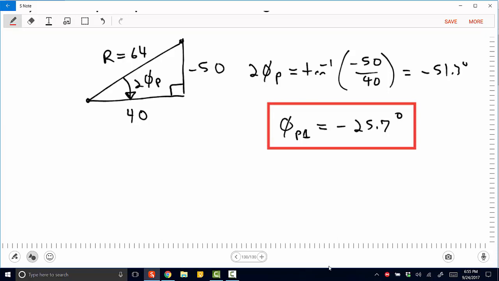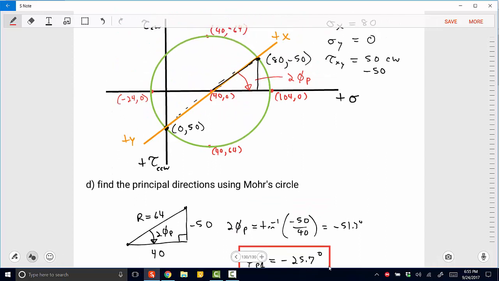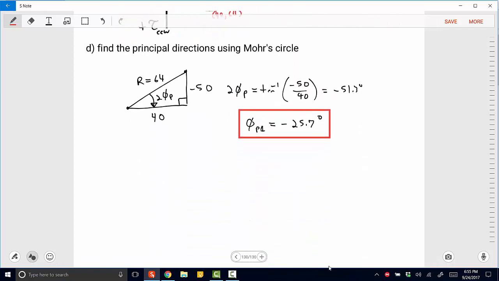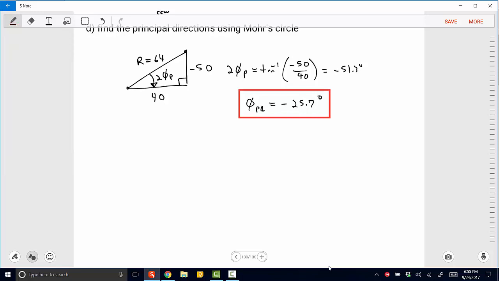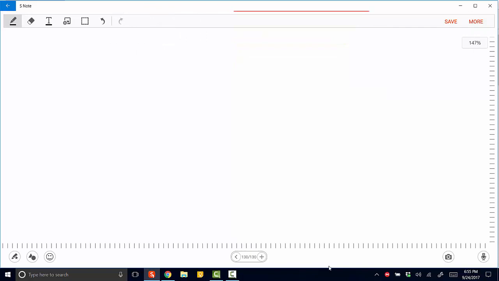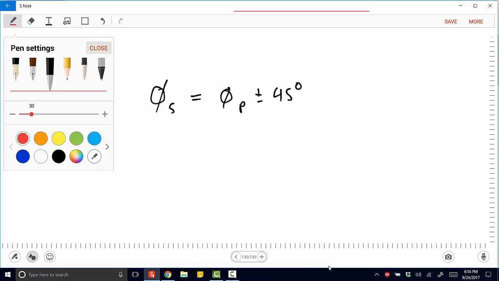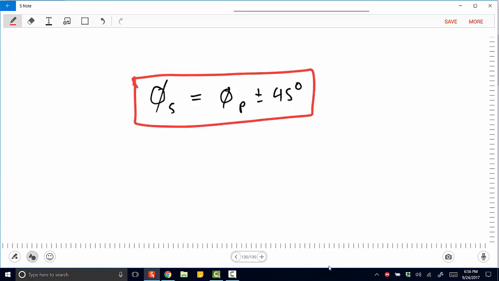And if we have this knowledge, then just using Mohr's circle, we can even create our stress elements. We can create our principal stress elements, and we could also repeat this process and find our shear stress elements by remembering that phi s is equal to phi p plus or minus 45 degrees, from the previous lecture video.